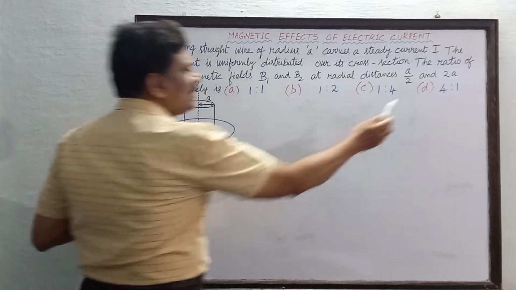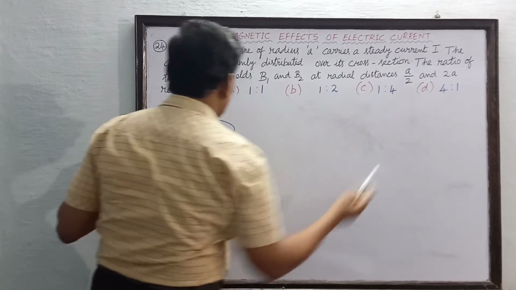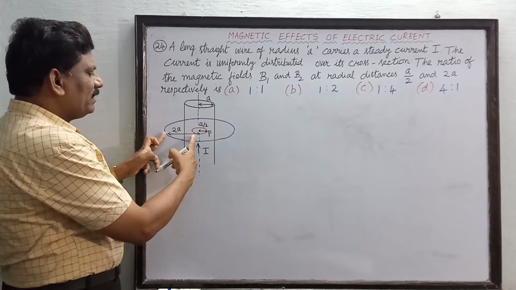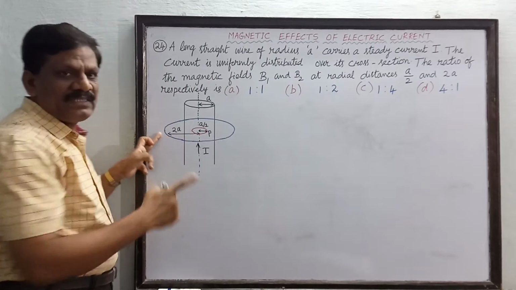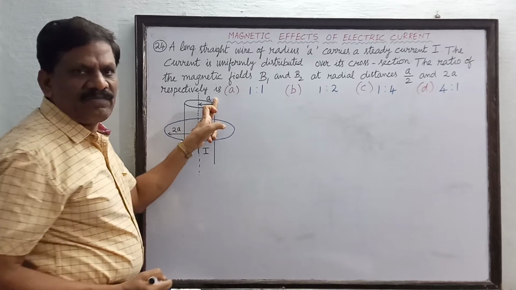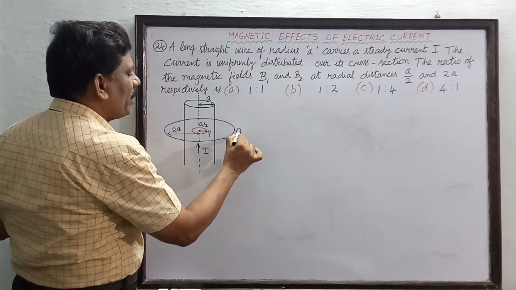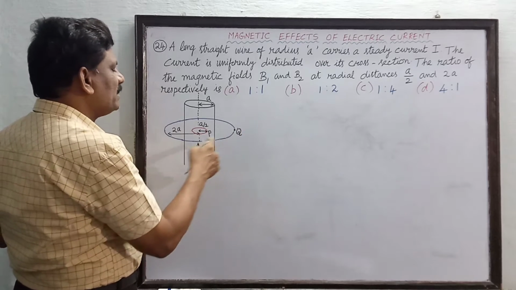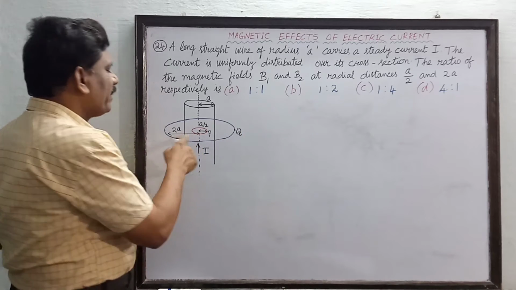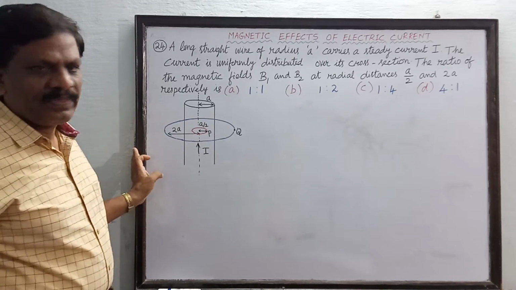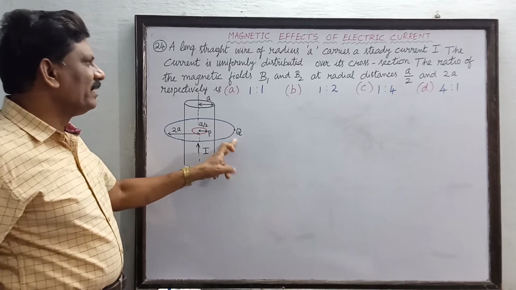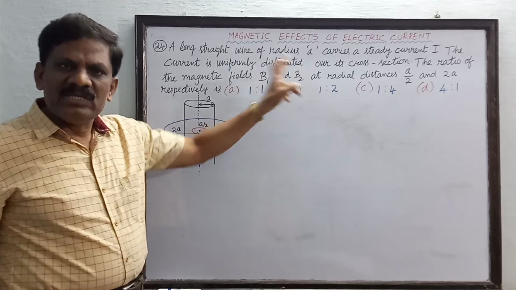Similarly, at a distance 2a, which is twice the radius of the wire, I will take this point as Q. Q is a point at a distance 2a from the axis of the wire, and at this point the magnetic field is taken as B2.